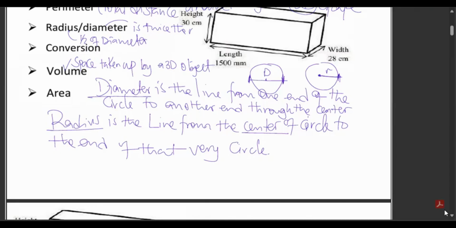If they ask capacity, just say it's the space inside a 3D object, simply meaning it's the amount a certain object can hold. That's capacity. But the space taken up by the object is volume. Then what about area? Area is the surface covered.